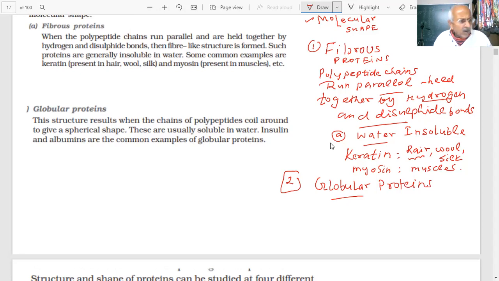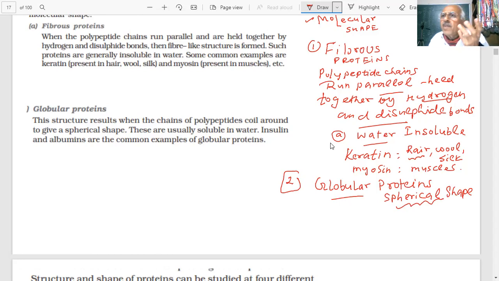Globe. What type of shape does globular have? Globules, so something spherical in shape. Spherical shape, student.